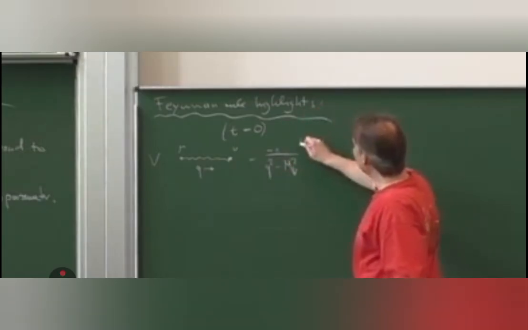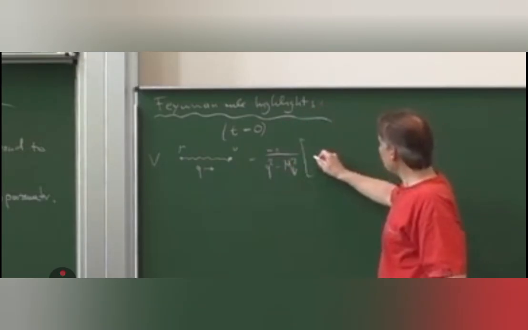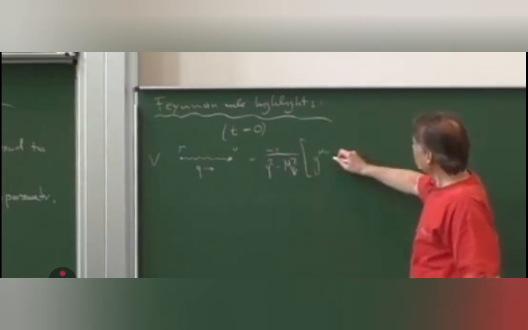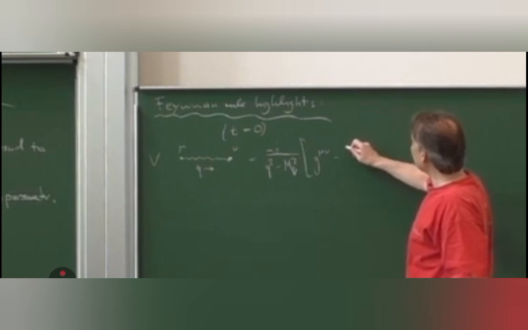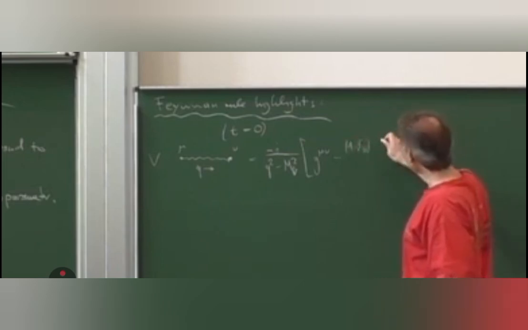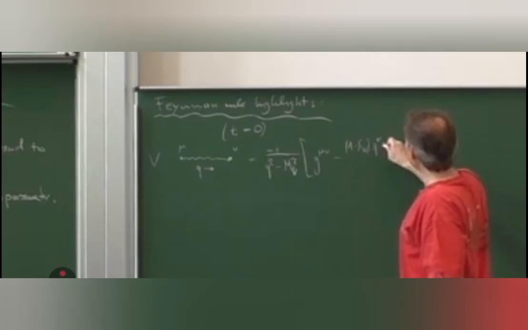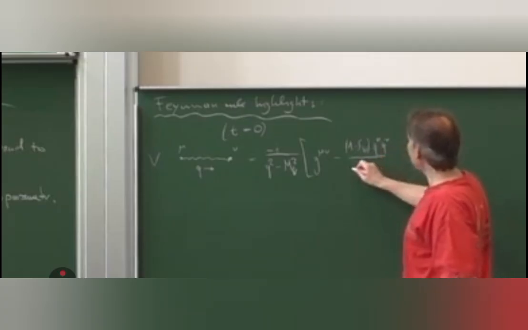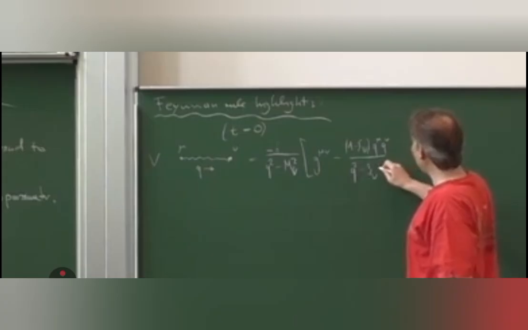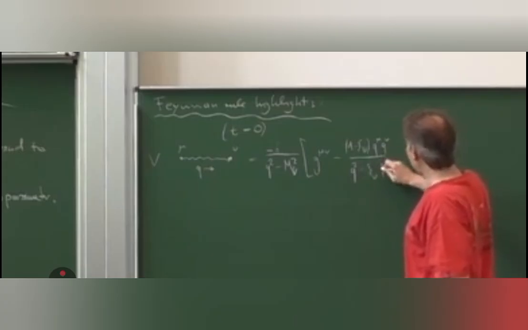And then the prefactor is first of all g_mu nu, and then because of gauge fixing there is minus (1 minus xi_V) times q_mu q_nu divided by q squared minus xi_V m_V squared.